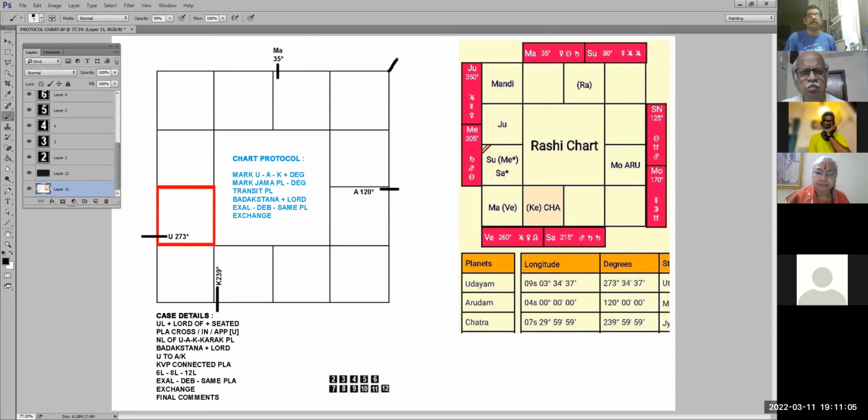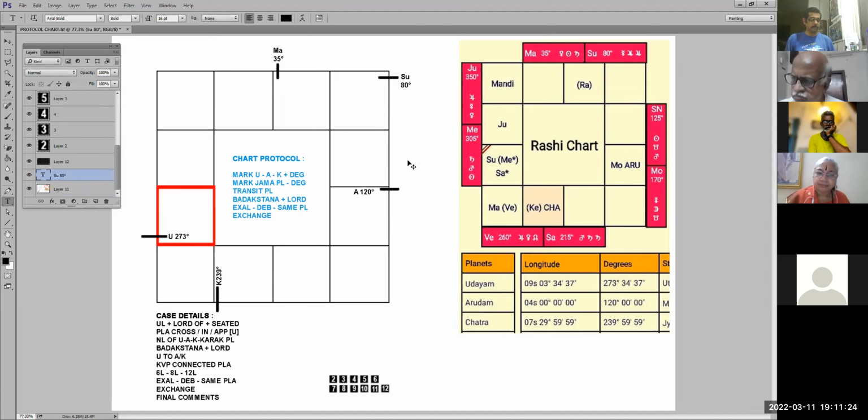This will become 75, so to say. So normally what I do is I mark it here. So I go this way and then I go this way, right? We are going clockwise. So this is where your Sun is. So Sun 80 degrees. Correct?